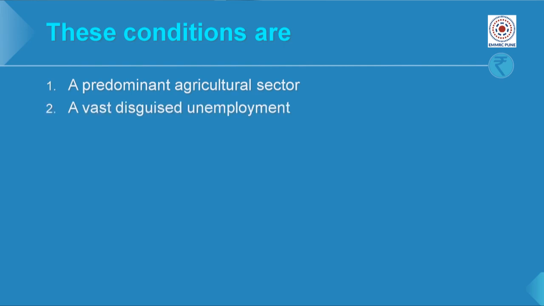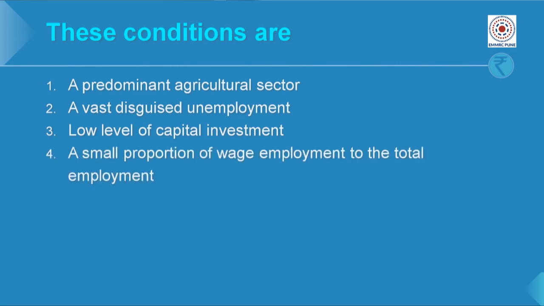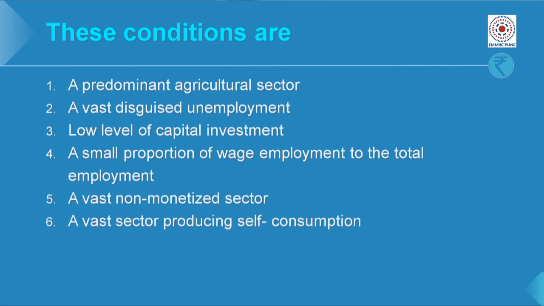These conditions are a predominant agricultural sector, a vast disguised unemployment, a low level of capital investment, a small proportion of wage employment to total employment, a vast non-monetized sector, a vast sector producing for self-consumption, etc.